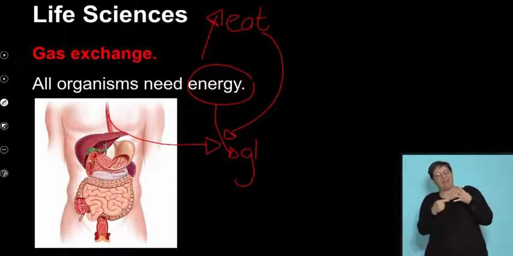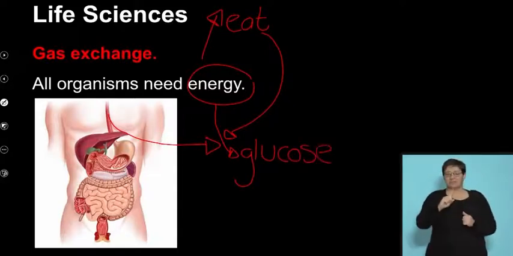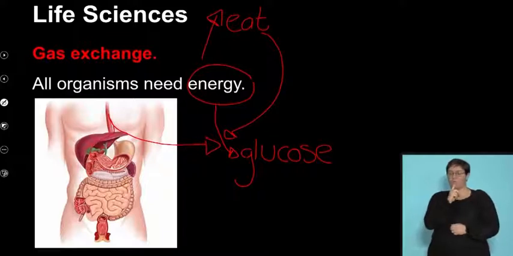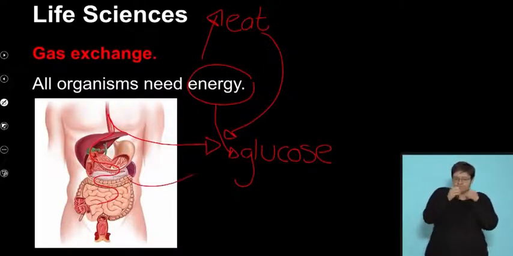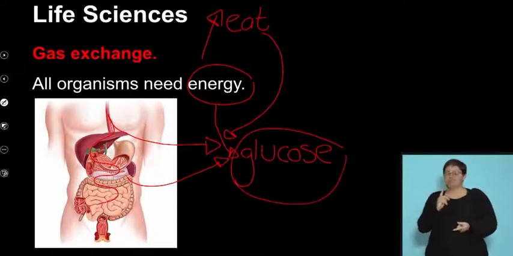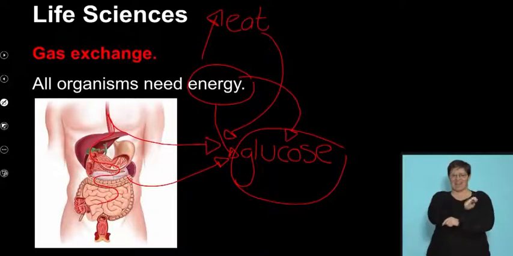Now, I'm just going to concentrate here on glucose. So the plants made it, we ate it, and the reason why we had to have this whole digestive process is because it's not in the form that my body can use. So at the end of digestion, what do I have? Any kind of carbohydrate that I had is going to be in this form. What is it? It is still trapped energy.